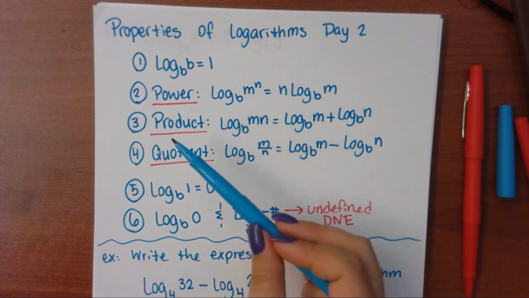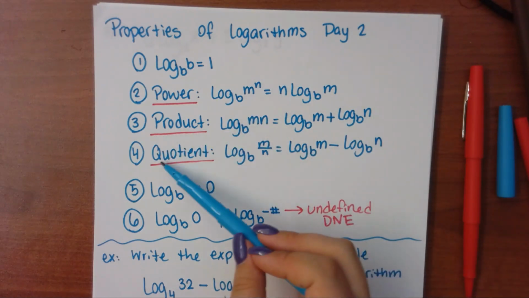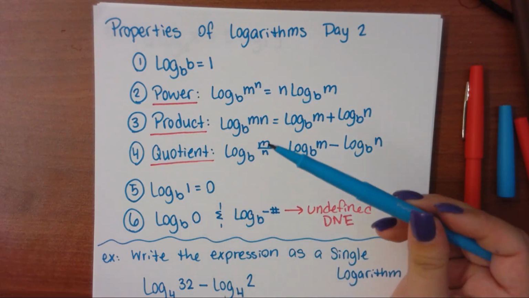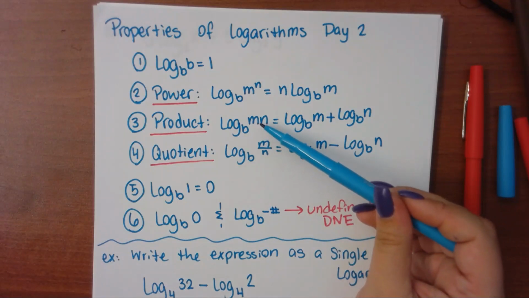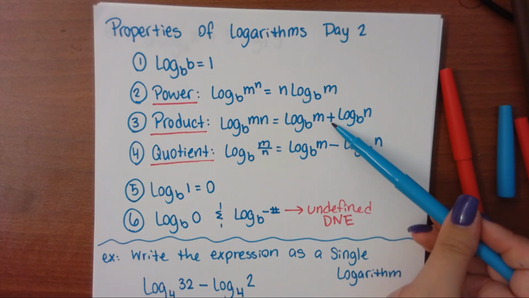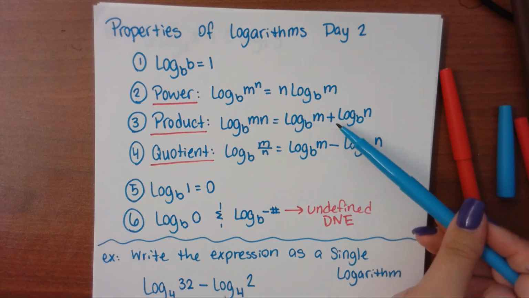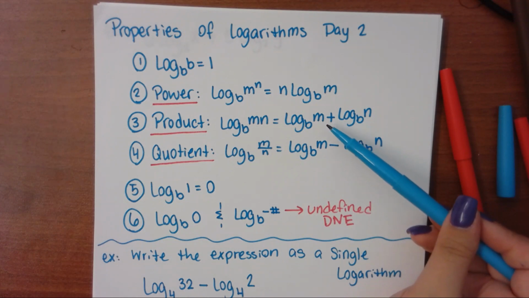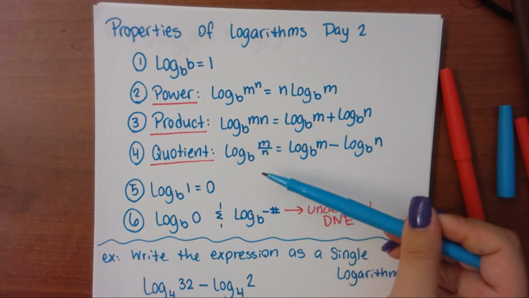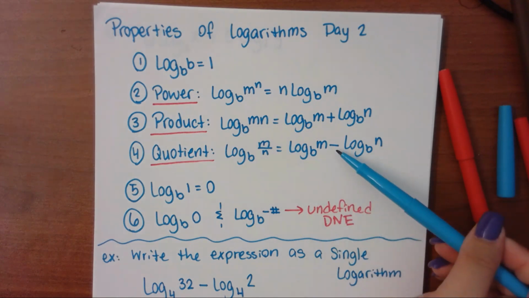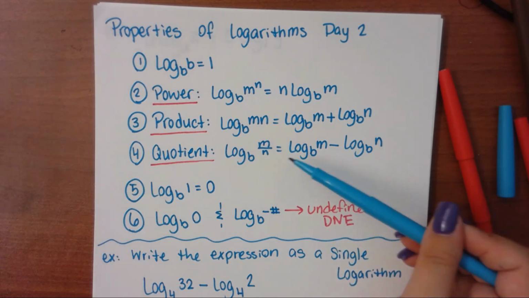So product property and quotient property are very, very similar to one another. One is a product, meaning the multiplication. That turns into addition of those two logarithms. So we can actually expand the logarithm and write as addition, or condense the logarithm and write as multiplication, however you want to look at it. With the division, it's the expanding to subtraction and condensing to division.